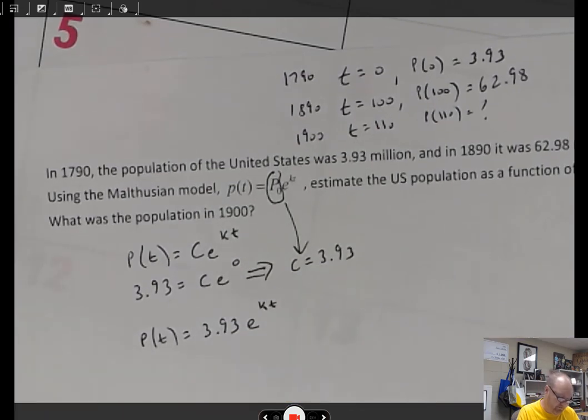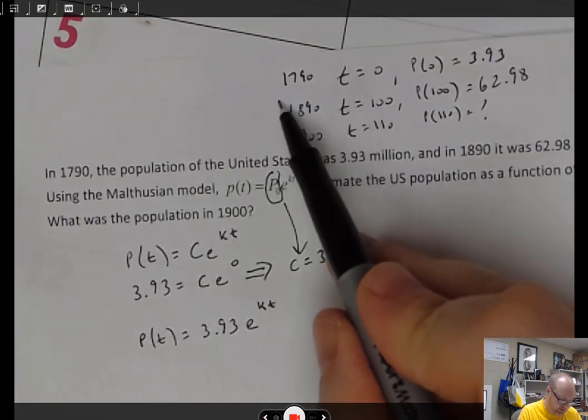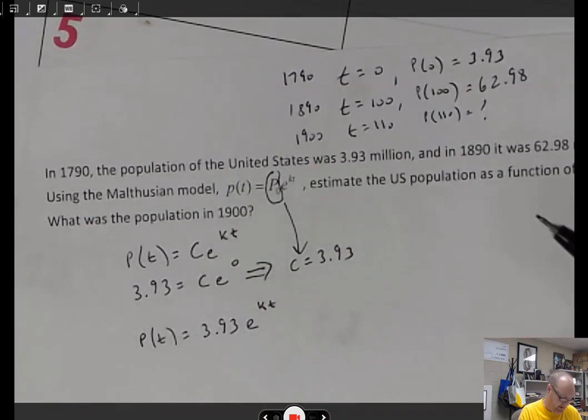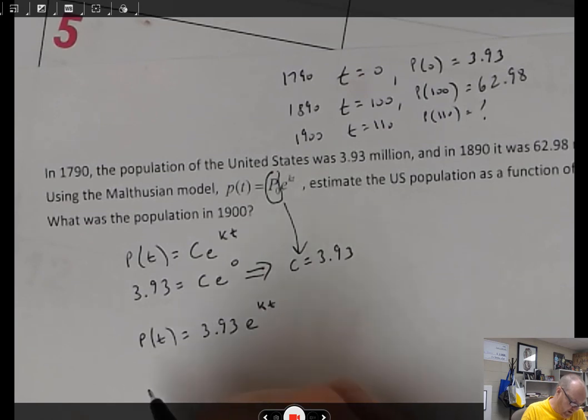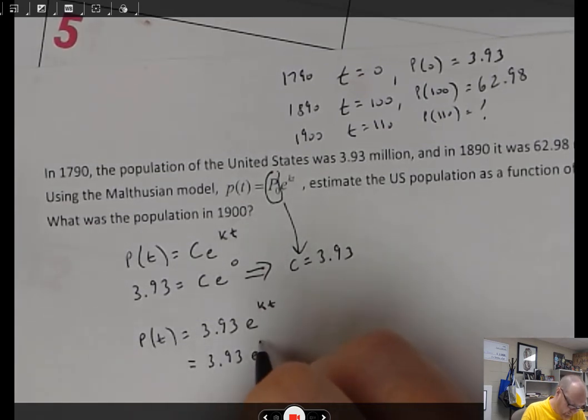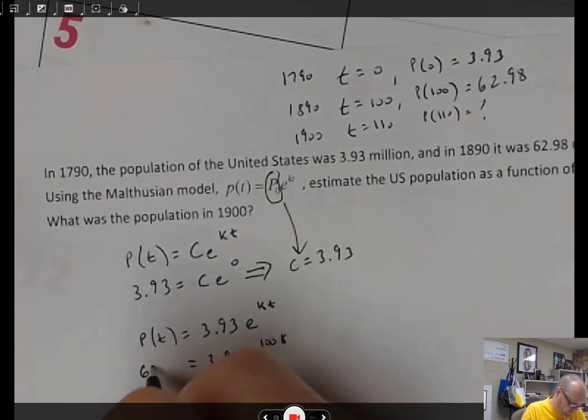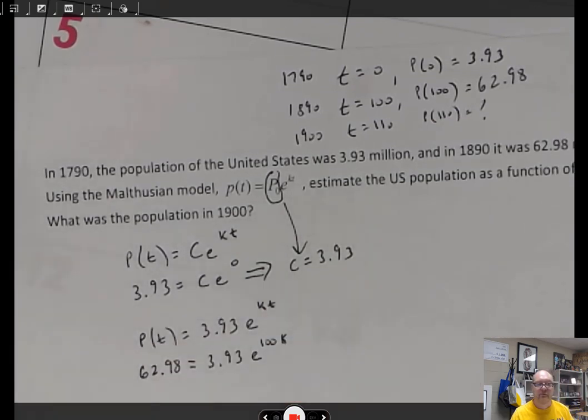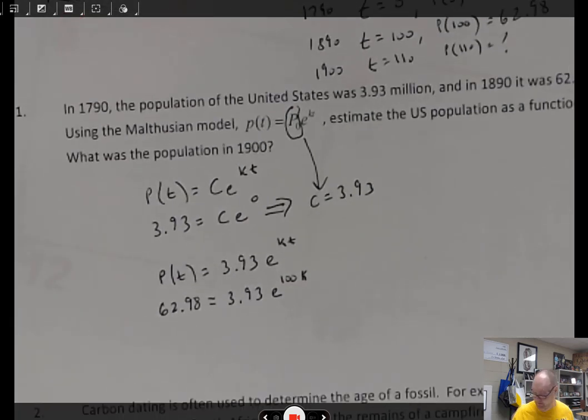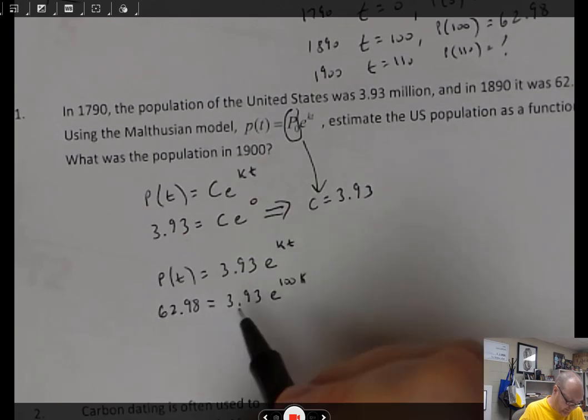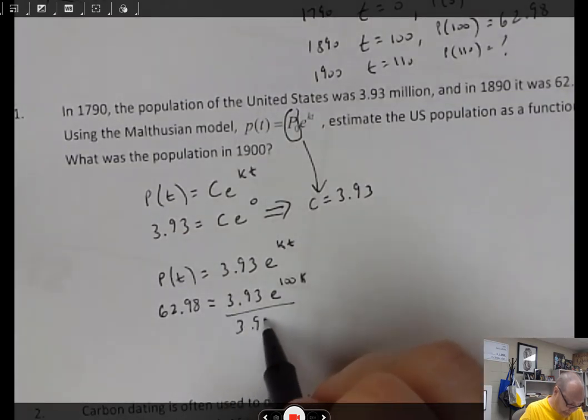All right, so then I'm going to use the second bit of information to be able to solve for k. So I know that after 100 years, the population was 62.98. So I'm going to solve for k. And where's my calculator? So I can divide both sides by 3.93.